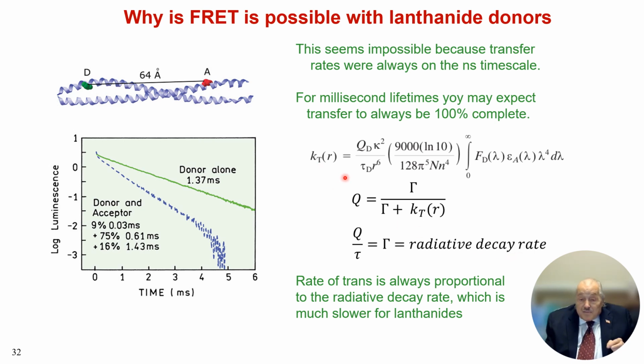So the transfer rate is always proportional to the intrinsic radiative rate of the fluorophore. So the transfer rate with the lanthanides is way down, in the inverse of milliseconds, because it's related by this ratio.